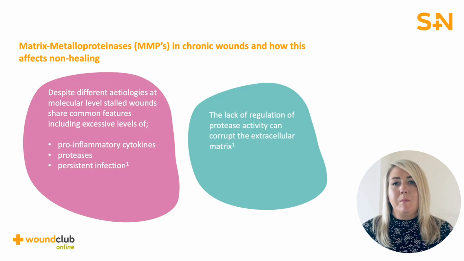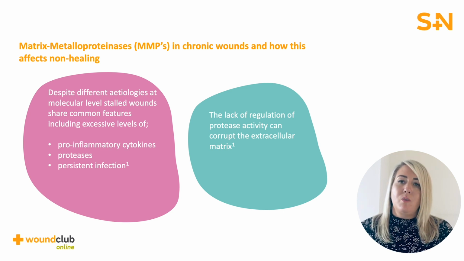So how do MMPs affect healing in chronic wounds? Stalled wounds share common features including excessive levels of pro-inflammatory cytokines and proteases. These wounds are also susceptible to persistent wound infection, which can also impact on wound healing.